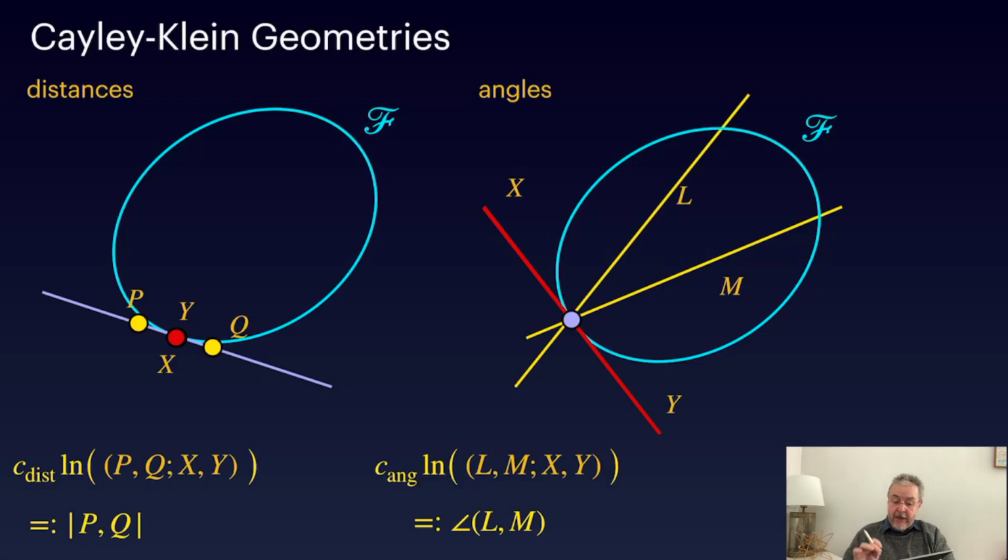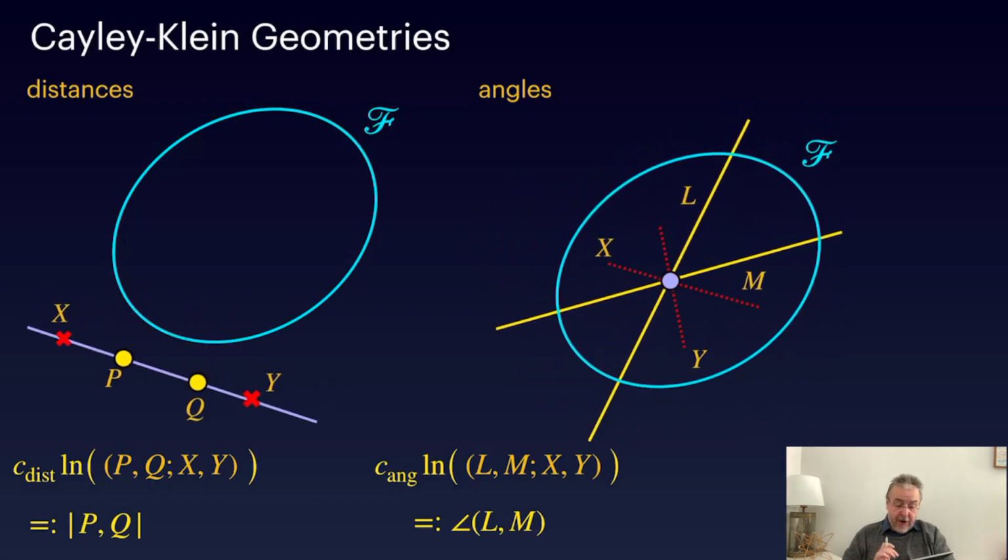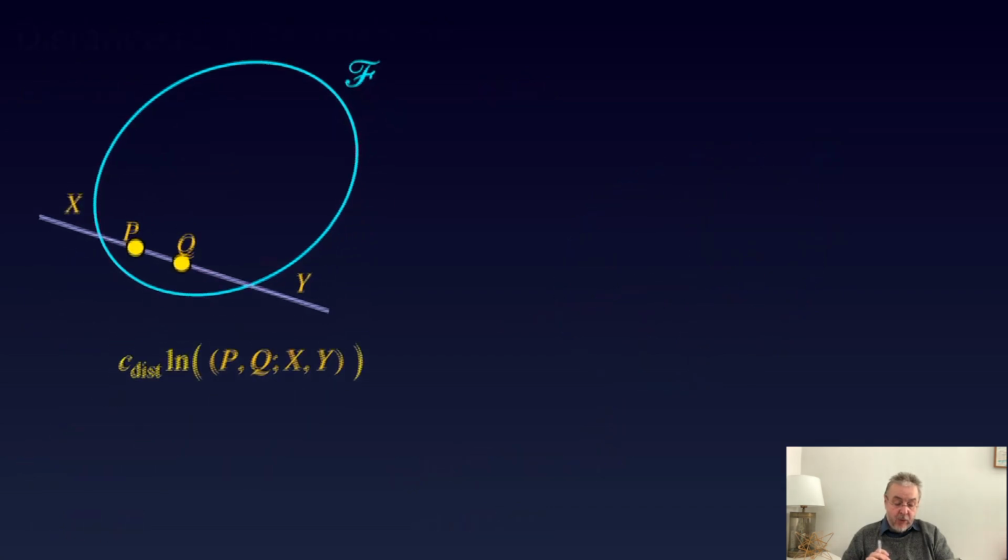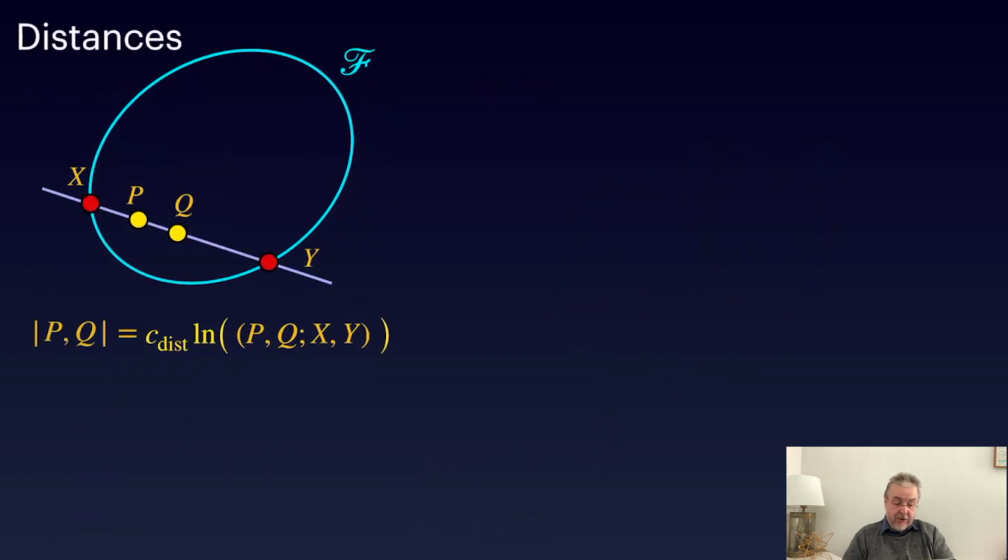And we may go even one step further, and it may happen, and you see I used the cross notation here again, that there is only a complex intersection of the line and the conic, and here it may happen that you only have complex tangents, and we have to deal with all these kinds of cases when we study Cayley Klein geometries.